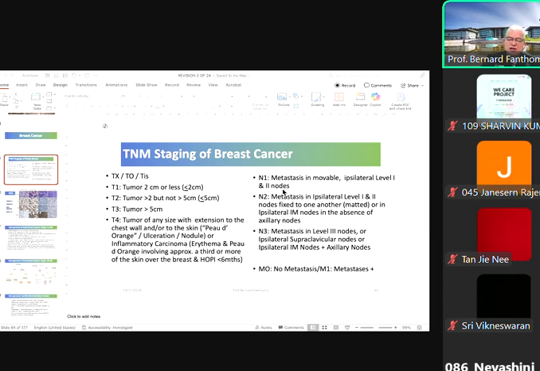So only axillary node involvement, and they are matted together or fixed, and they belong to level 1 and level 2. For N3, it is level 3 nodes, that is apical nodes or supraclavicular nodes, or a combination of internal mammary and axillary nodes. And M0 and M1 mean no metastasis or metastasis.